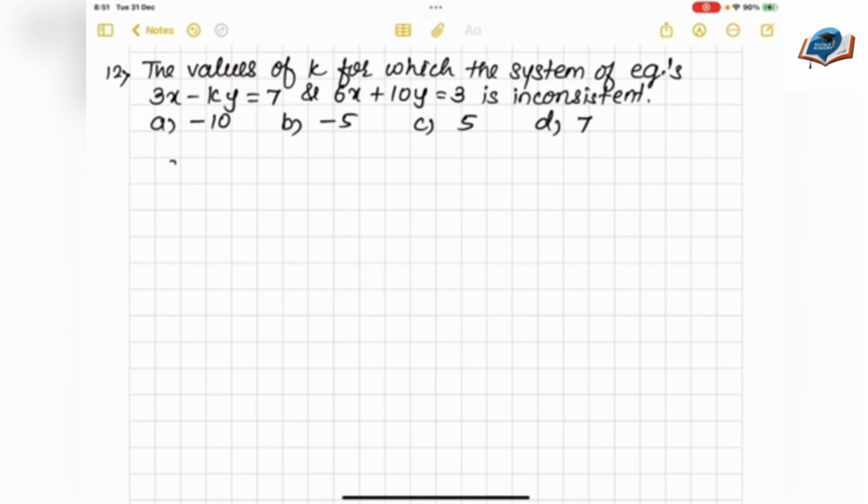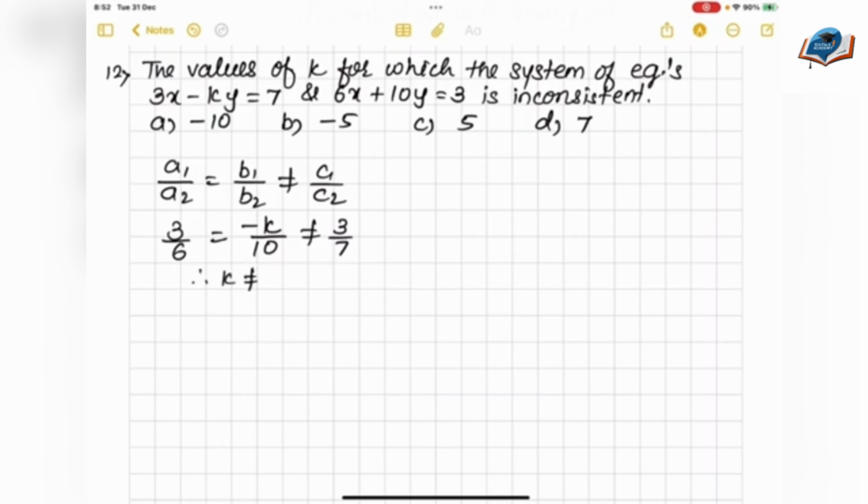So for an inconsistent equation, a1 upon a2 equal to b1 upon b2 should not be equal to c1 upon c2. So 3 upon 6 equal to minus k upon 10 is not equal to 3 upon 7. If I solve this, I will get k equal to minus 5. So B option is the correct option.